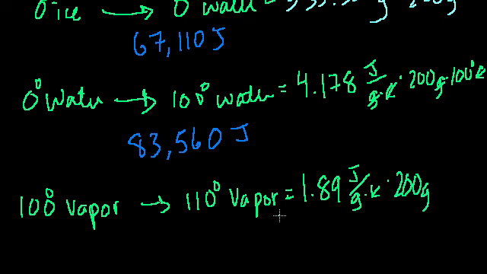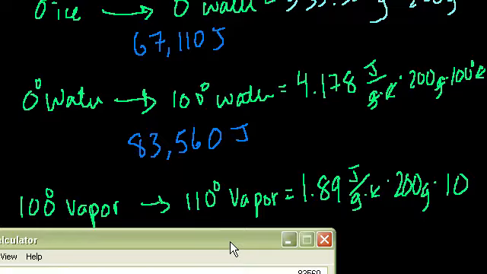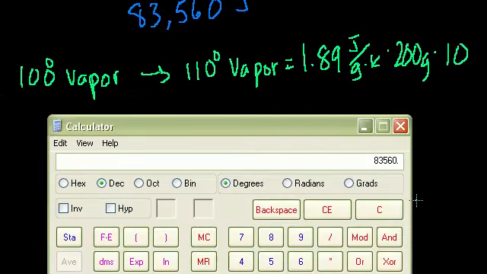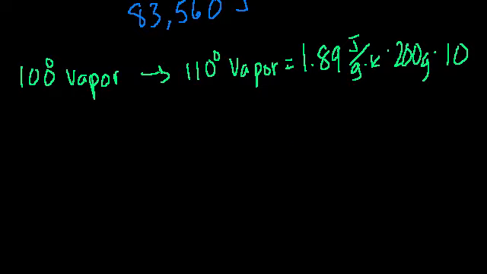We're not adding or taking away mass from the system. Times the temperature change, times 10. So what is that? Let me get the calculator out again. So we're dealing with a 10-degree change, times 200, times 1.89 is equal to 3,780.